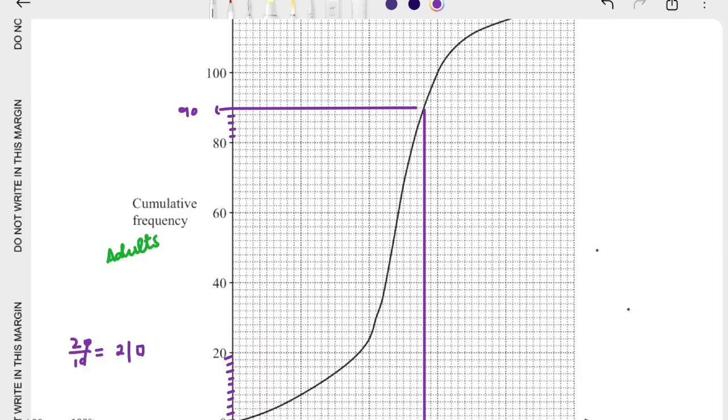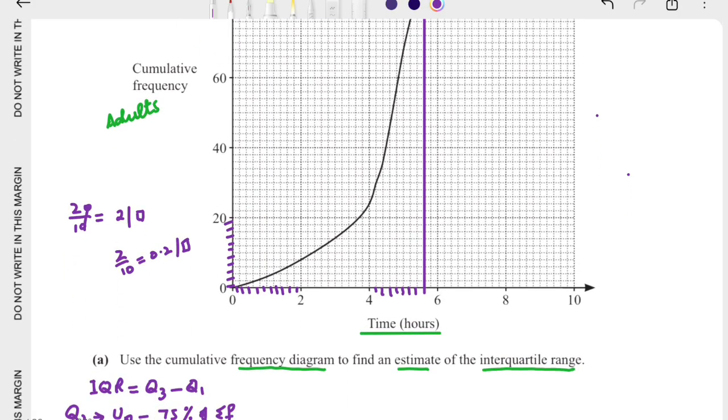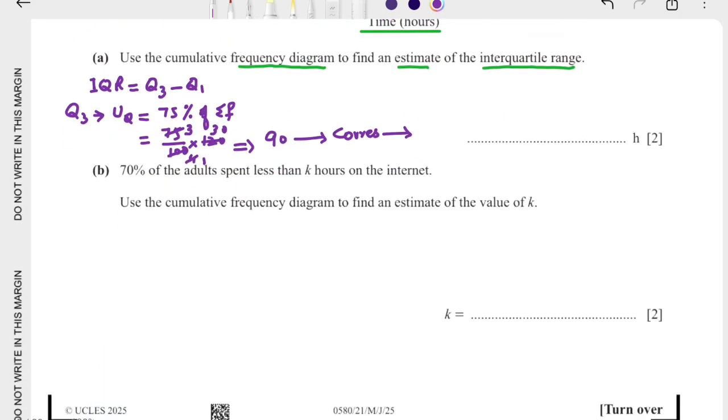Just see the scale on the x-axis. So 2 divided by, there are again 10 boxes. 1 2 3 4 5 6 7 8 9 10. Divide by 10 is equal to 0.2 for one box. 5.6 would be the answer. This is Q3.